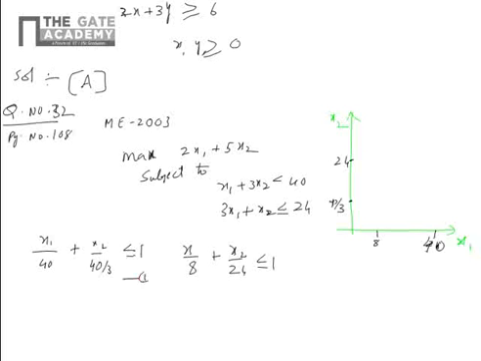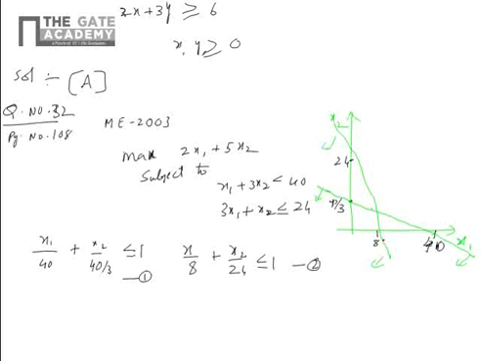This is equation 1, this is equation 2. So draw those equations on the xy chart. 40 and 40 by 3, less than or equal to line, less than means towards origin. And next is 8, 24, less than or equal to sign, it is towards origin.